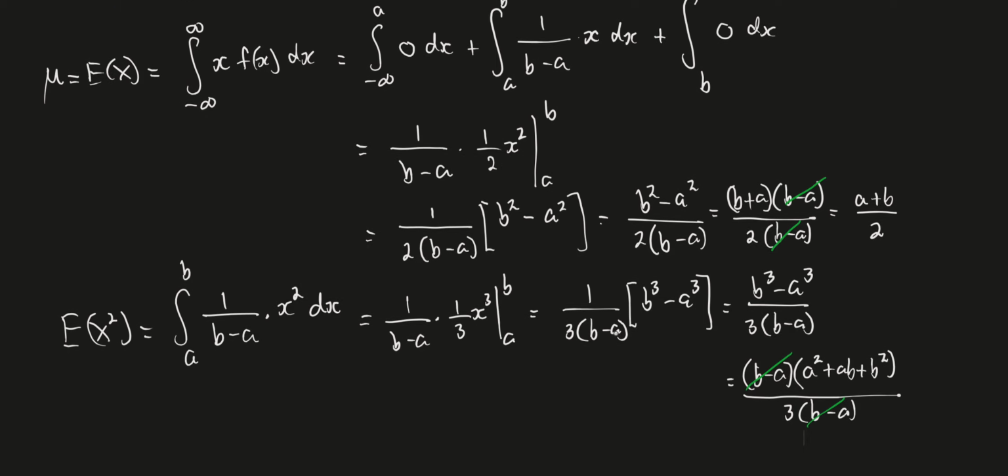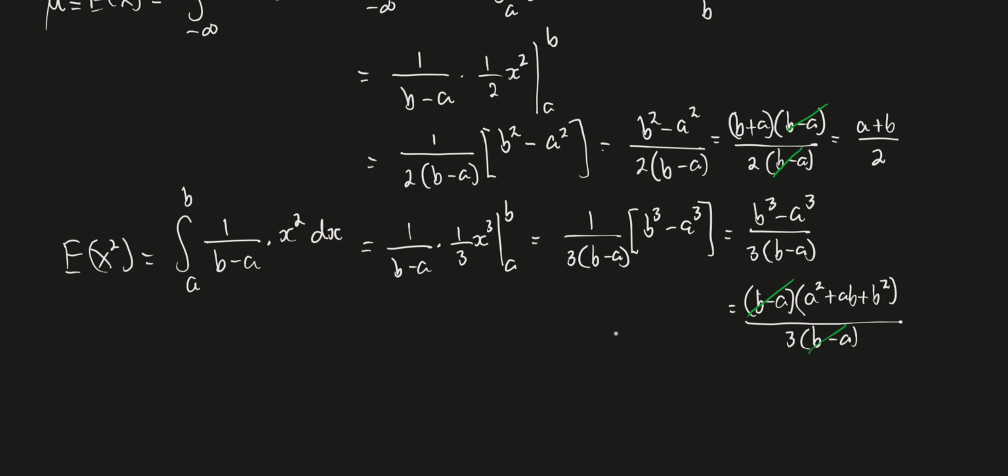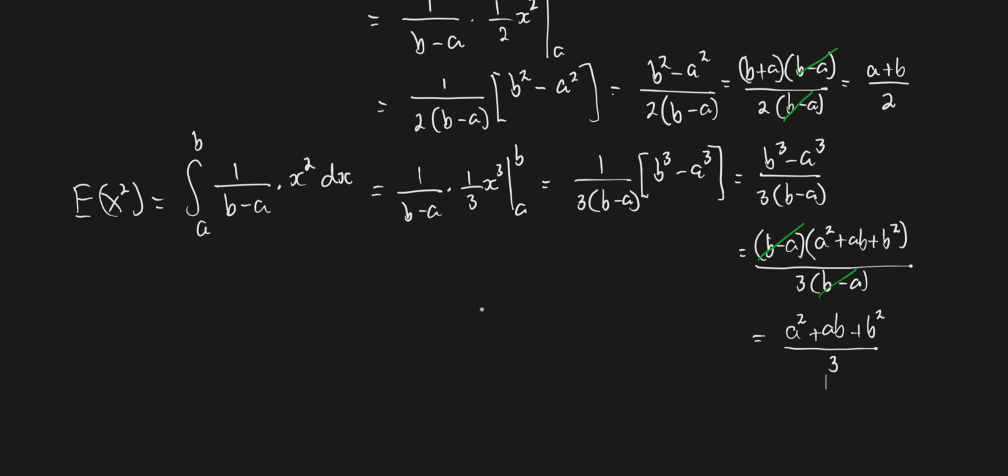Our expected value of x squared: in the numerator, we have a squared plus ab plus b squared, all over 3. So now to find our variance, we have to take the expected value of x squared and subtract our mean squared, so the square of this.